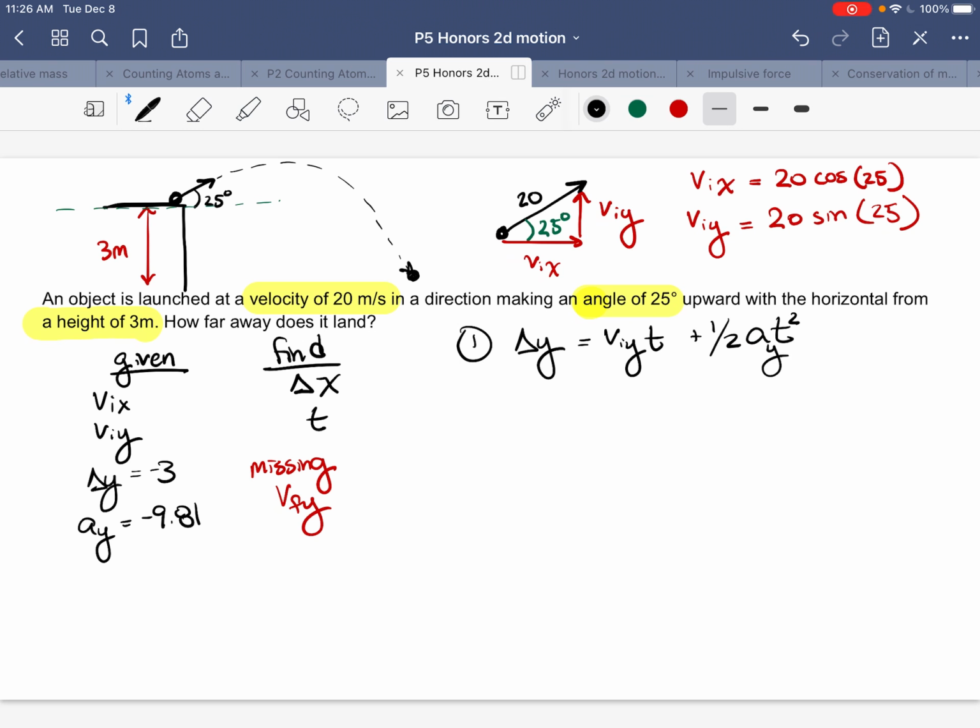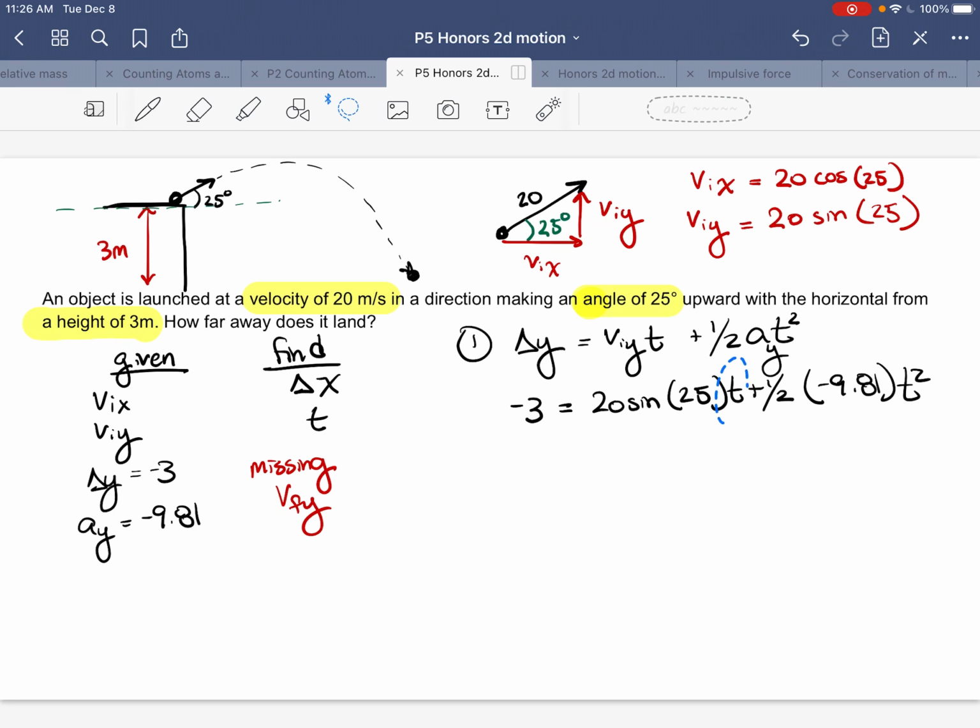So I go ahead and plug in some numbers. Negative 3 equals v initial y, so that's 20 sine of 25, times t, plus 1/2 negative 9.81 t squared. Now let's go ahead and simplify this, as I can see that I'm going to have a quadratic in terms of time. So I have t and t squared, quadratic equation.